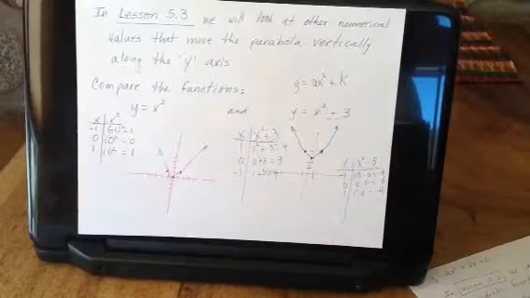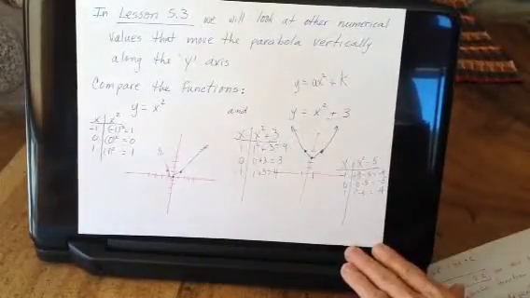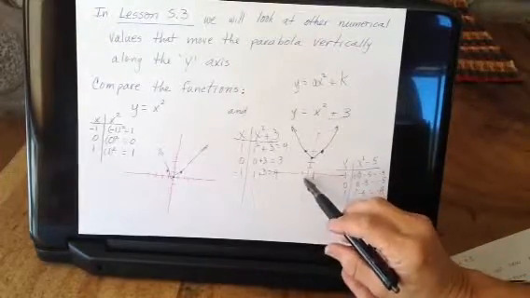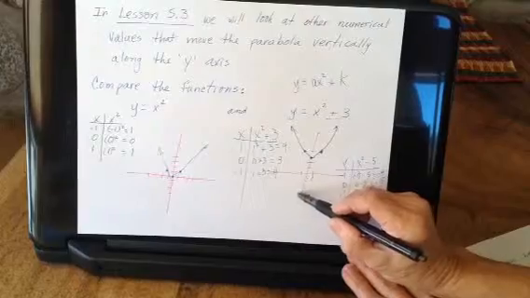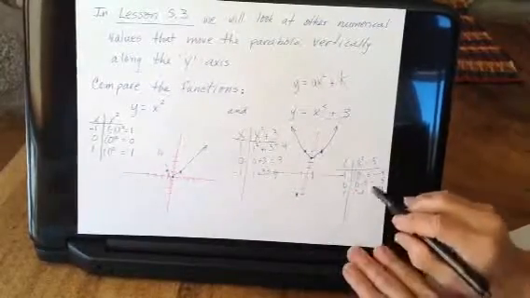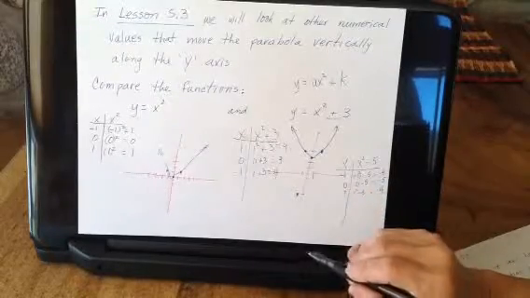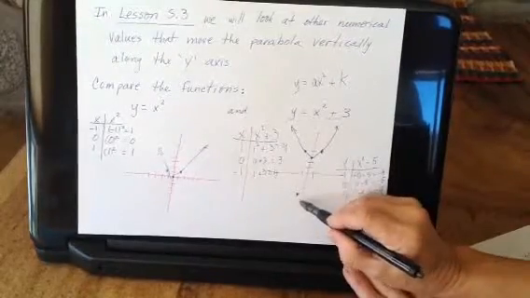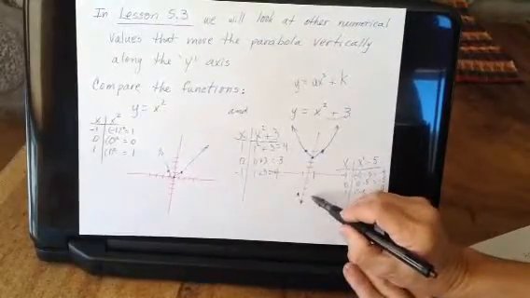So if I'm going to graph that over here, this new one of x squared minus 5, I'm going to have negative 1, 2, 3, 4. There's going to be one spot. Then I'm going to have 0, negative 5. I'm sorry, 1, 2, 3, 4, 5. And then 1, negative 4.